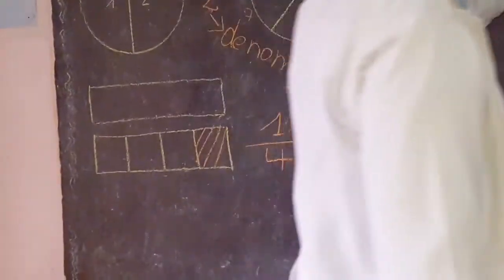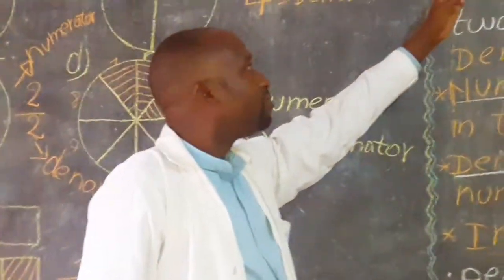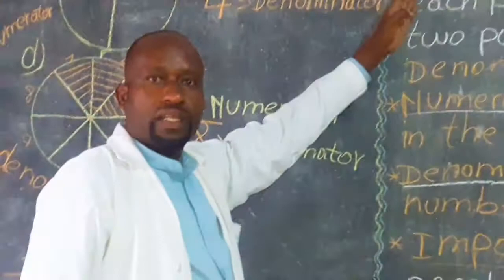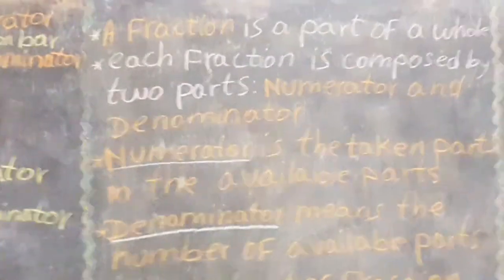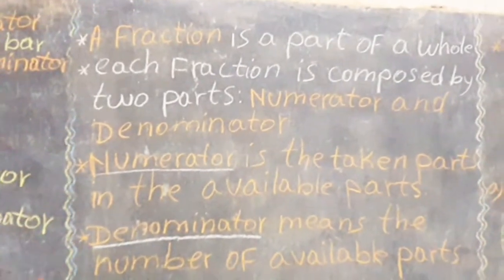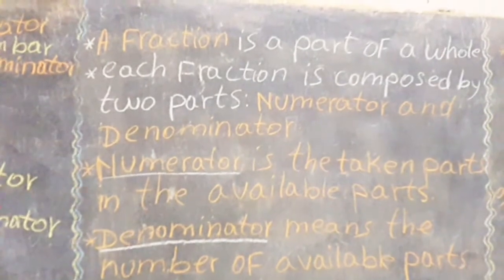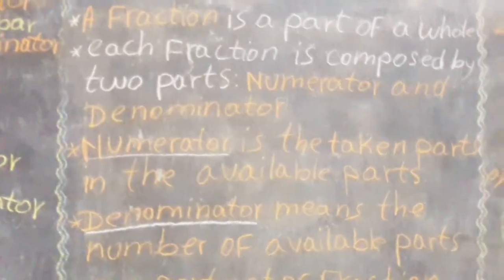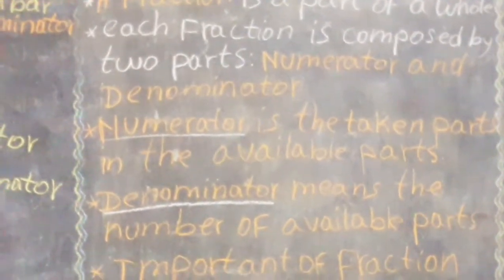You have to memorize this. A fraction is a part of a whole. Each fraction is composed by 2 parts, numerator and denominator.